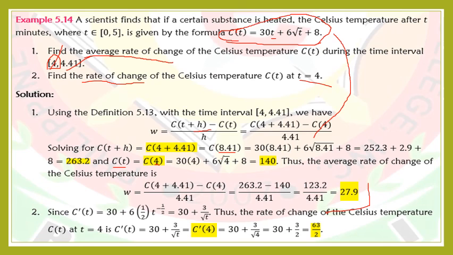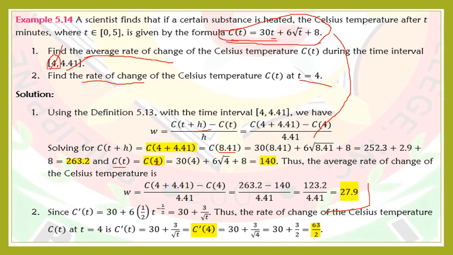And then, sa next is find the rate of change at t equals 4. So, kailangan nating, rate of change man, ibig sabihin, kailangan nating i-derive yung function natin. So, ang derivative ni function C of t equals 30t plus 6 square root of t plus 8 is 30 plus 3 over the square root of t.